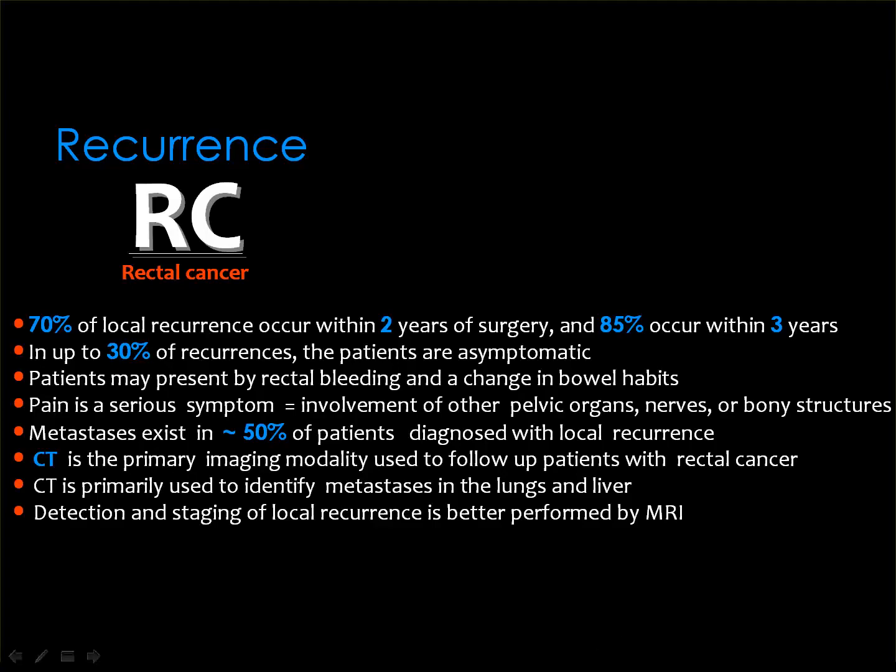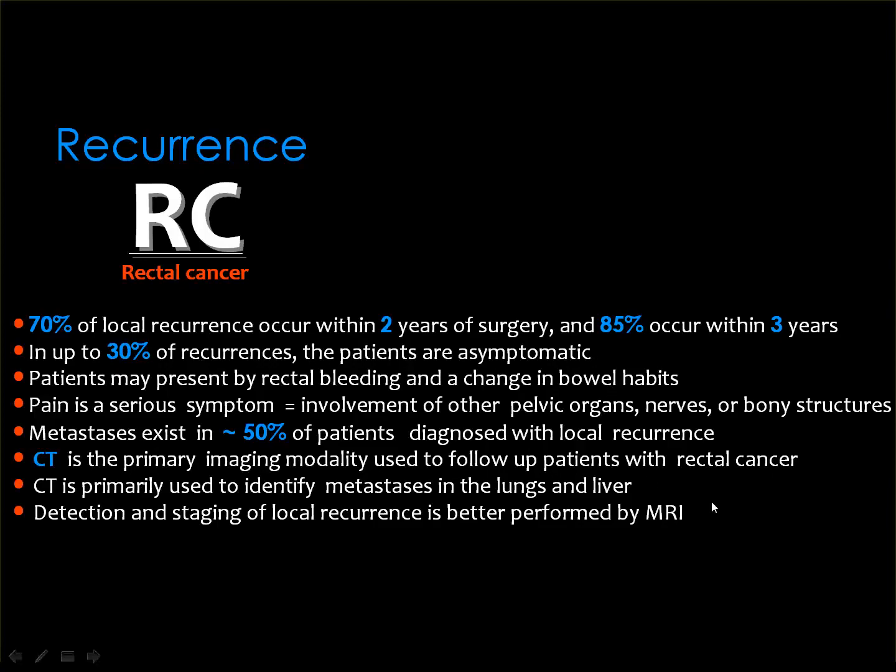Finally, we came to the tumor recurrence, and local recurrence can occur in about 70% of cases within 2 years of surgery, and 85% occur within 3 years. Then in 30% of recurrence, the patients are usually asymptomatic.